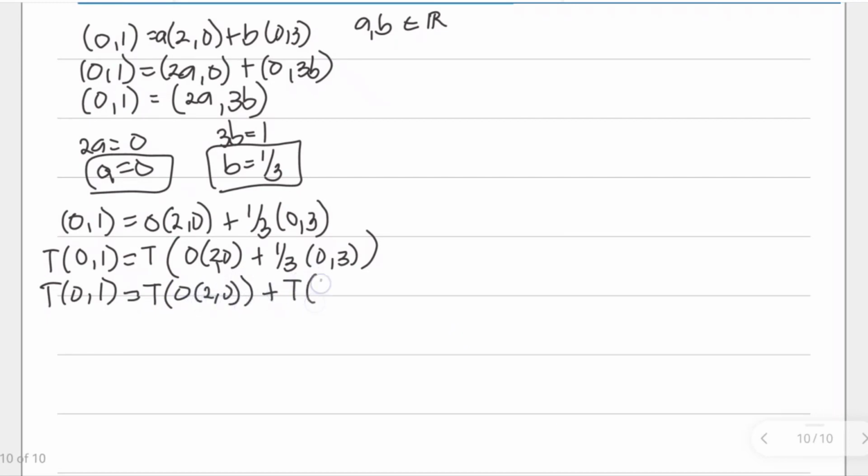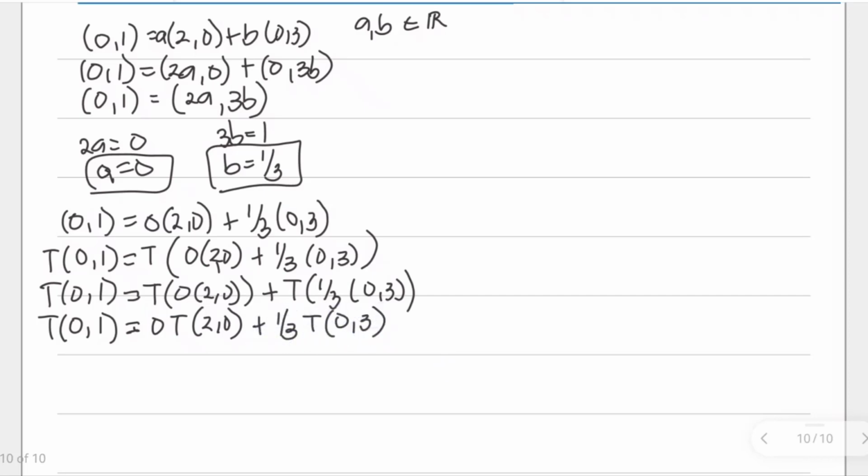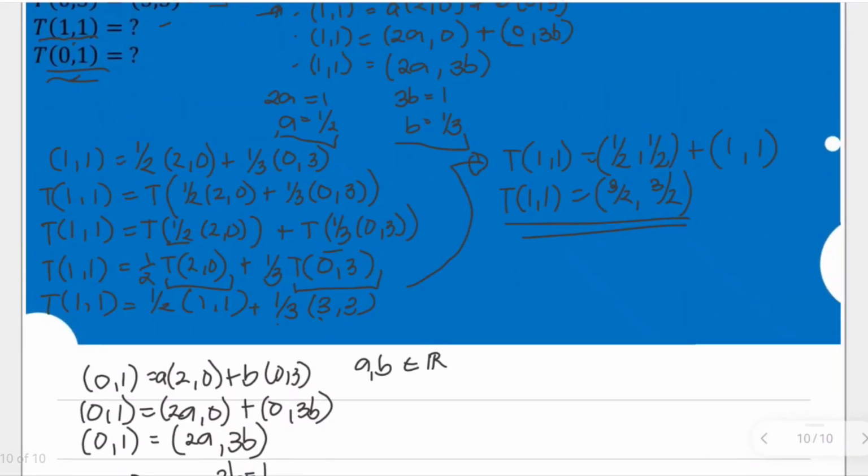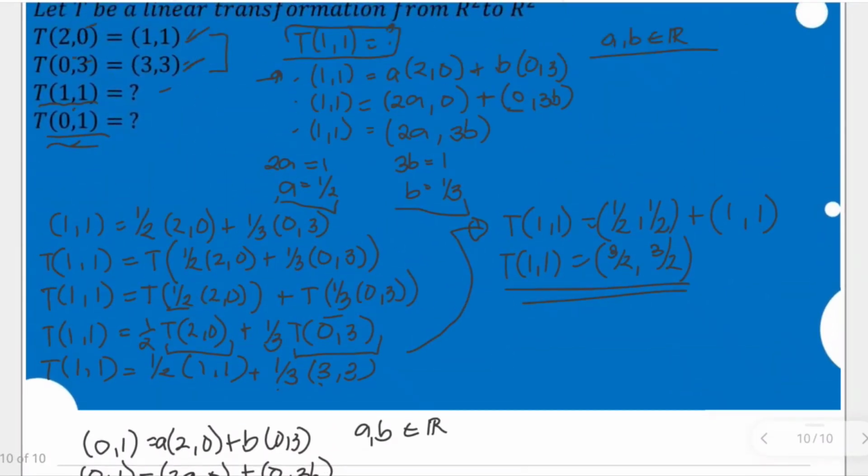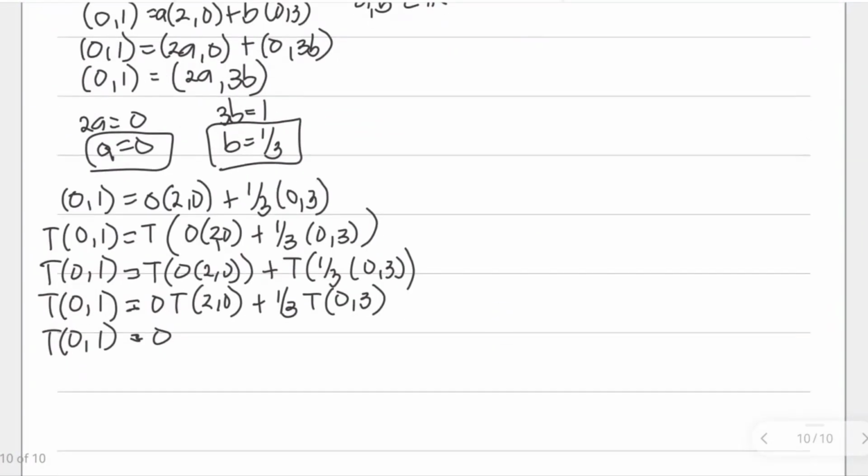Then the constant will be moved outside: 0 times the linear transformation of (2, 0) plus 1/3 times the linear transformation of (0, 3). In short, the linear transformation of (0, 1) is 0 times the linear transformation of (2, 0), which is (1, 1), and for (0, 3) is (3, 3). So 0 times (1, 1) plus 1/3 times (3, 3) here.